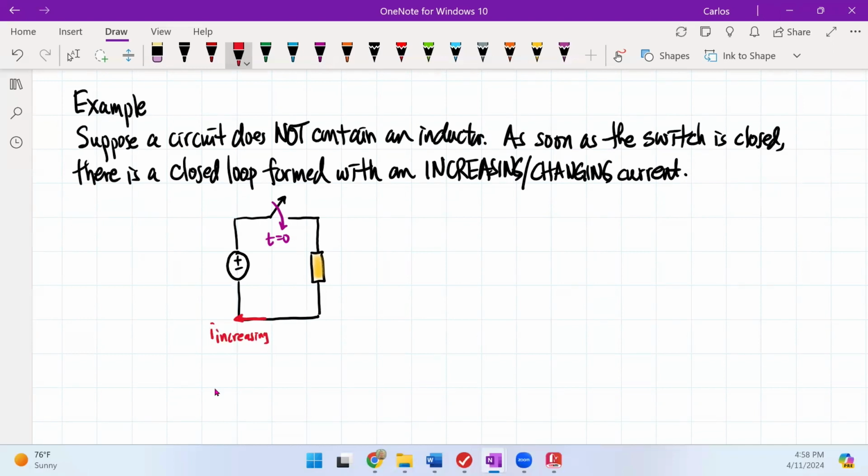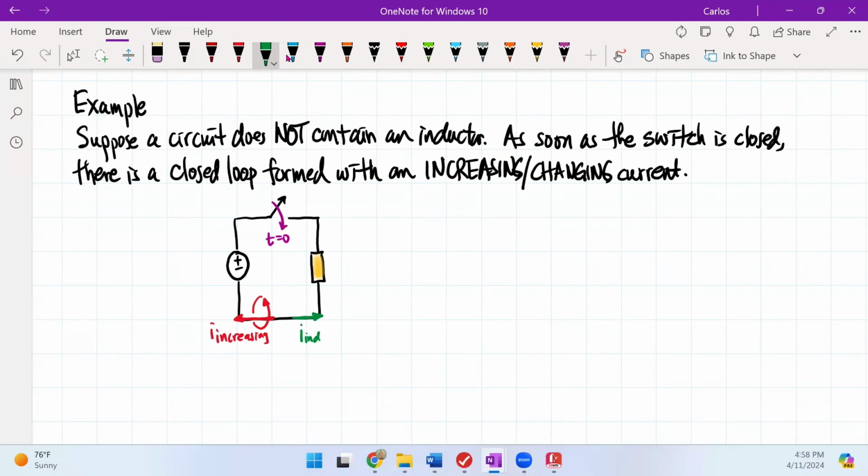And with this increasing current, a magnetic field is now going to be produced. As a consequence, there's an induced magnetic field that's going to be created. So now I have an induced EMF that produces this current.